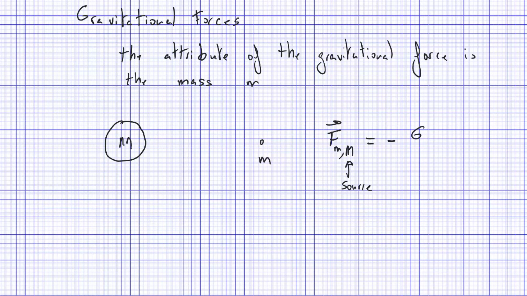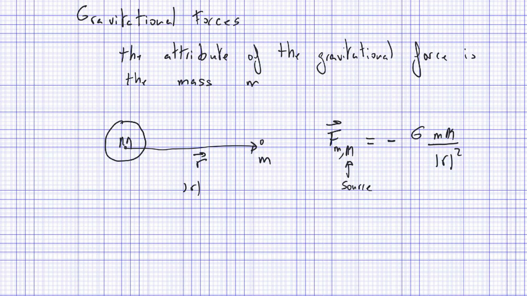We know from the last course it is proportional to the product of the masses, and inversely proportional to the square of the distance. So we create a vector position from the source to the point of observation. We call this the vector r, and the magnitude of the vector r is the distance between the source and the little m.